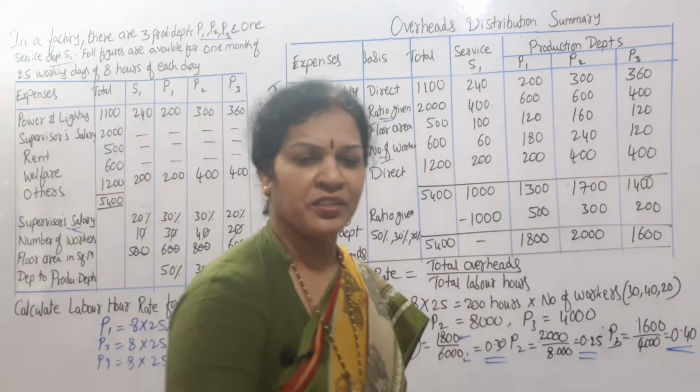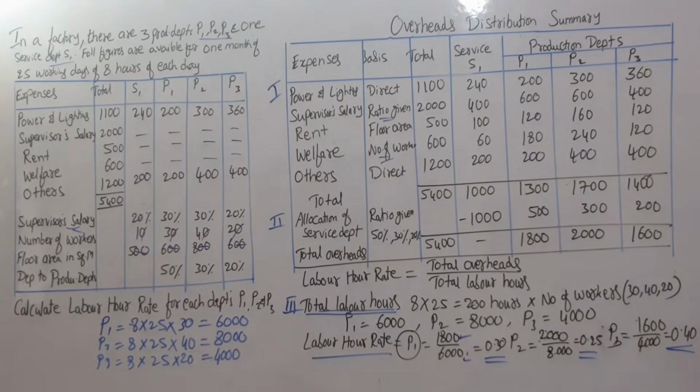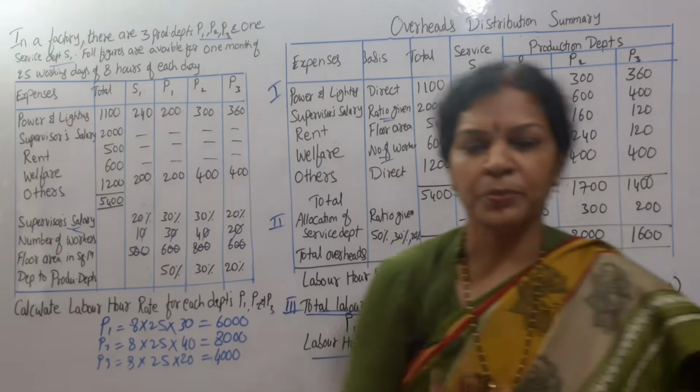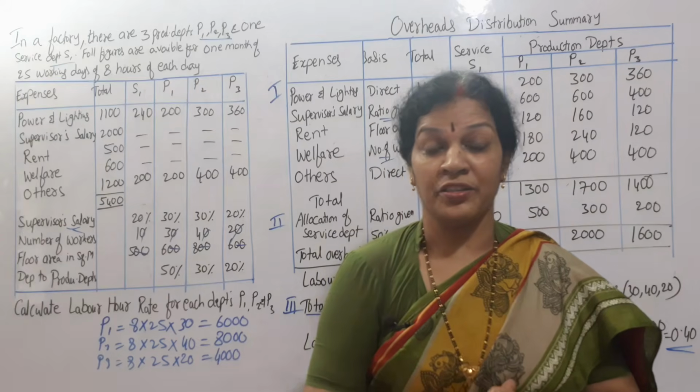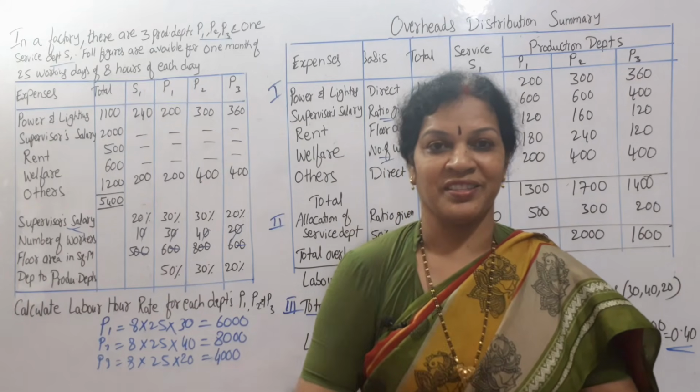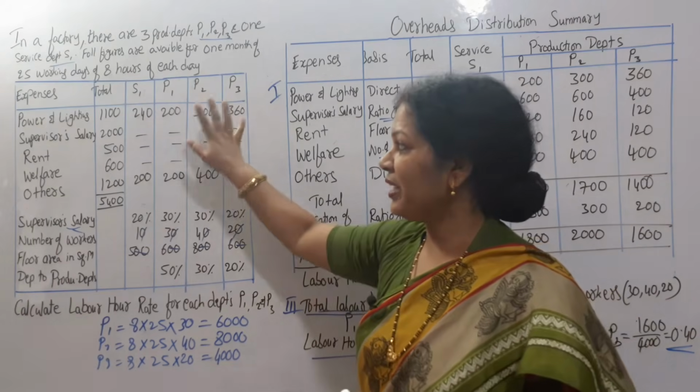First take a screenshot or note down, I will give you a recap. The concept you have to understand. There is nothing to worry. The formula you know: overheads divided by labor hours. Overheads, what we have done?